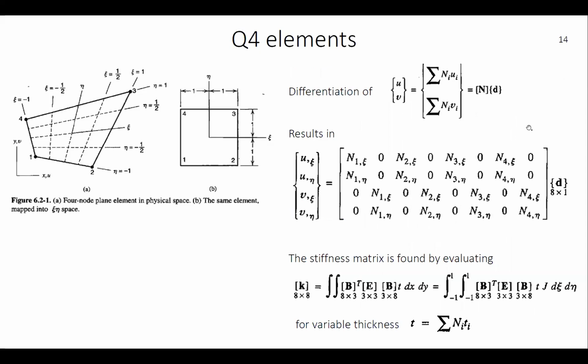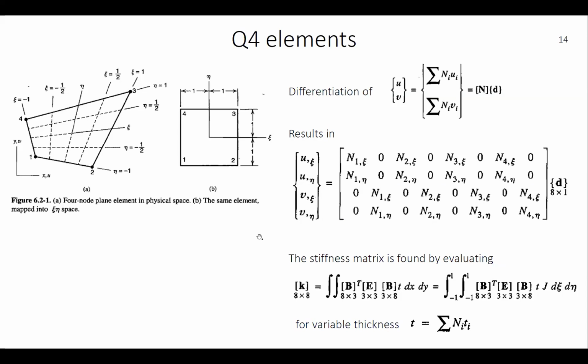Then we have the shape function times the displacement, and the B matrix is the derivative of this expression, which in expanded format looks like this. It has a great similarity with the regular rectangular four-noded elements, but instead we have the mapped coordinates xi and eta here. So this is an 8x4 matrix, times the 8x1 displacements.